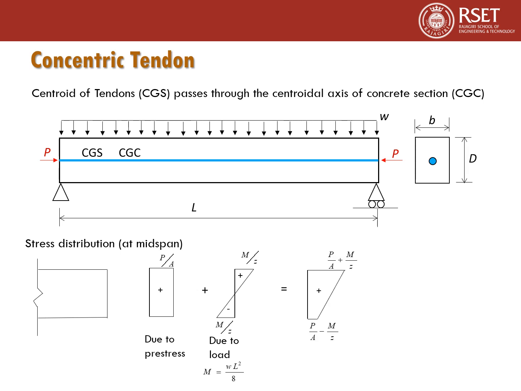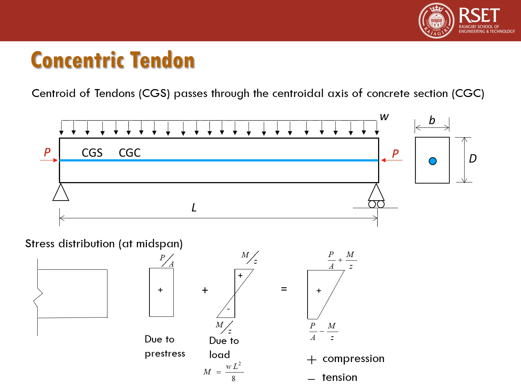Now the net stress will be P by A due to pre-stress plus M by Z due to the external load. So the top stress will be P by A plus M by Z, and the bottom stress will be P by A minus M by Z, minus because due to external load there will be tension at the bottom. So this will be the stress diagram.